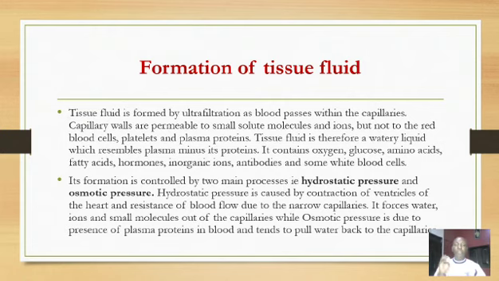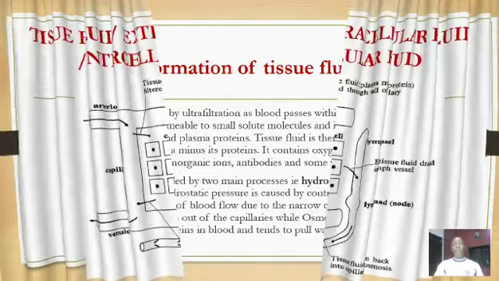Hydrostatic pressure is due to the force from the heart, while osmotic pressure is due to the plasma proteins which remained in blood, within the blood capillaries, that tend to pull back water into the capillaries.